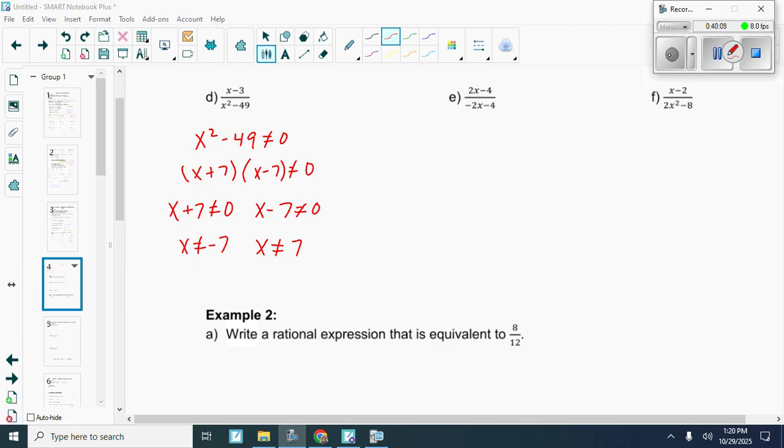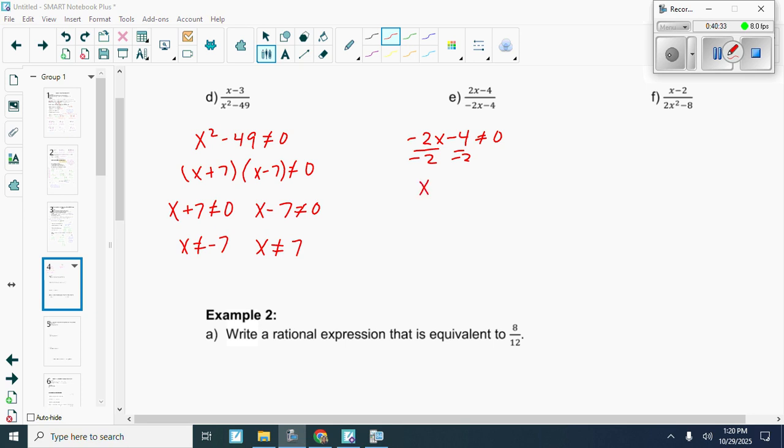This one, you guys had negative 2x minus 4 cannot equal 0. For this one, some of you ended up with a negative x, and we talked about dividing out a negative 1. However, if you took a GCF out of this, and your GCF was negative 2, that would have cleared up having a negative x.